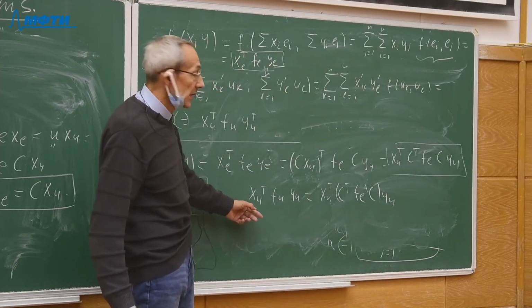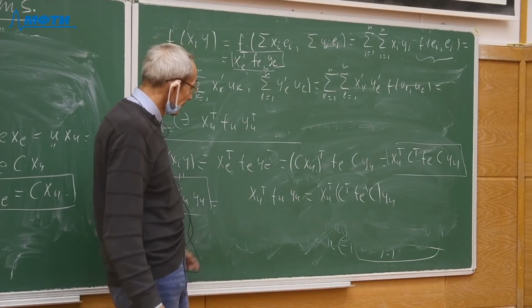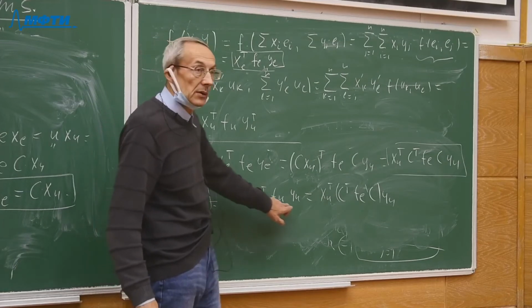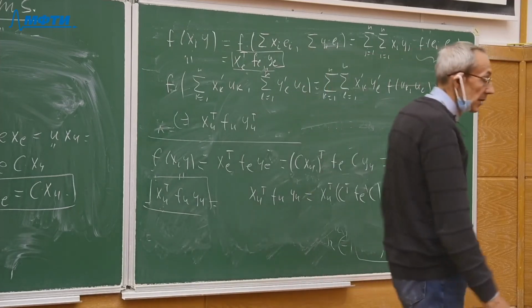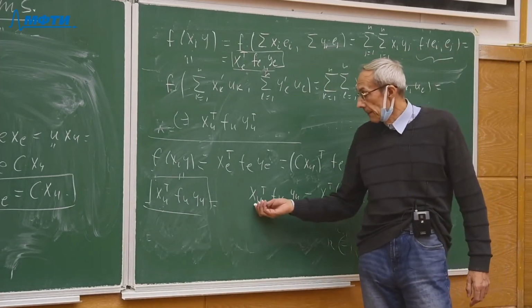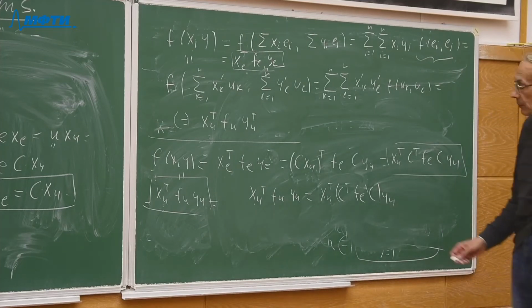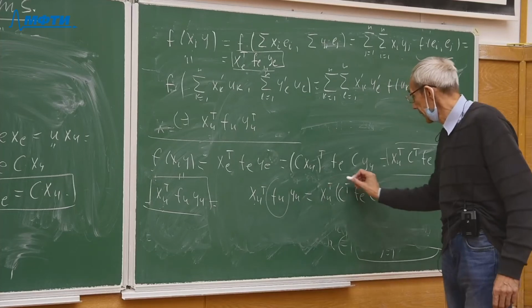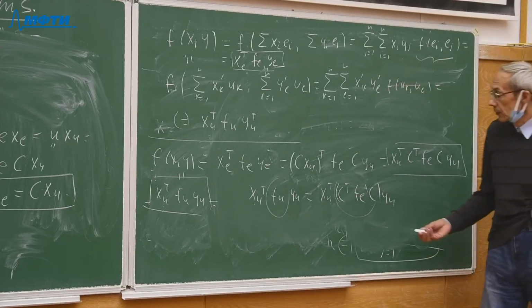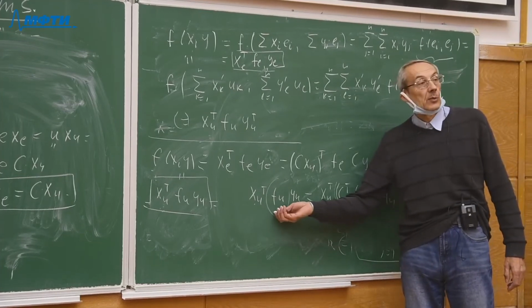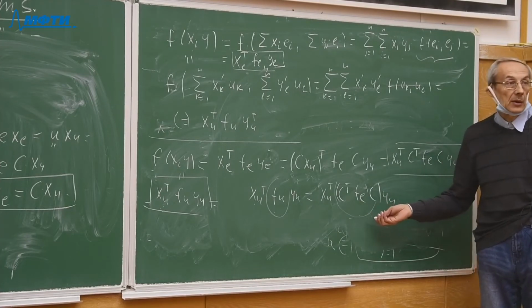We have this equality, and this equality is fulfilled for any vectors x and y. And if we substitute basis vectors in place of these vectors, we obtain that the matrix elements coincide. From this equality, it follows that the corresponding matrix F_u and this matrix C transpose F_e C coincide.